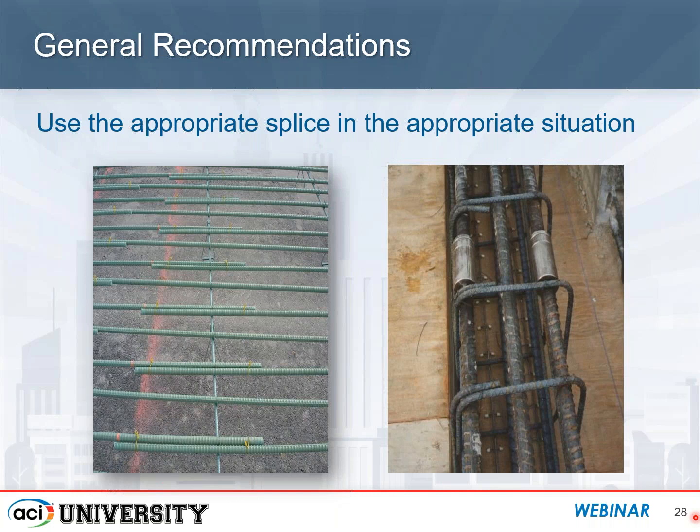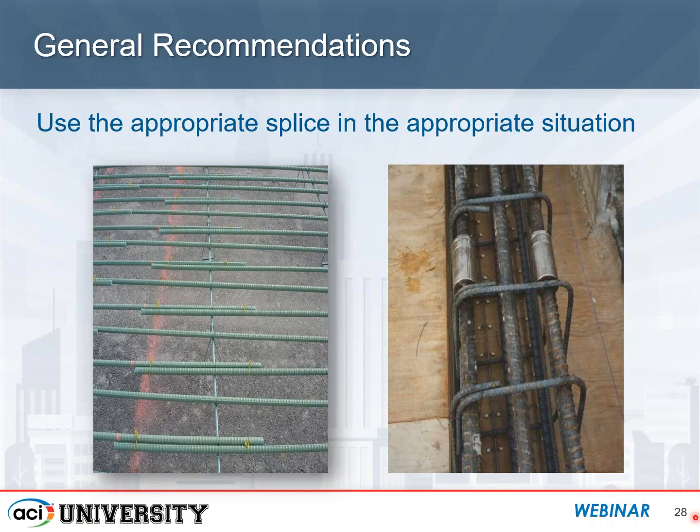There's plenty of room to get the concrete in as well as a vibrator. So we have no issues there, and your typical lap splice length works very well. I could probably never say never, right? But it's more than likely going to be the least expensive type of splice that you're going to use.